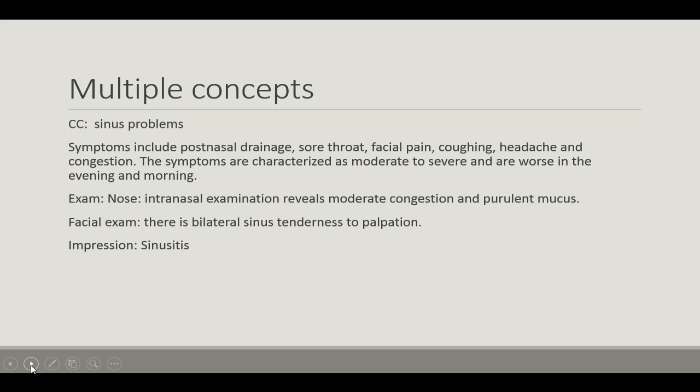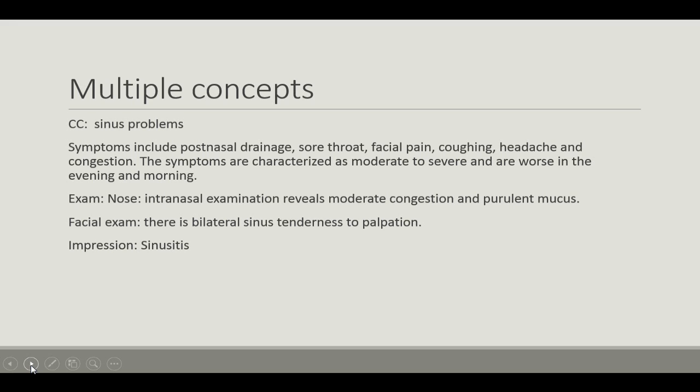The symptoms include postnasal drainage, sore throat, facial pain, coughing, headache, and congestion. The symptoms are characterized as moderate to severe and are worse in the morning and evening. The intranasal examination reveals moderate congestion and purulent mucus. The facial exam shows bilateral sinus tenderness to palpation.